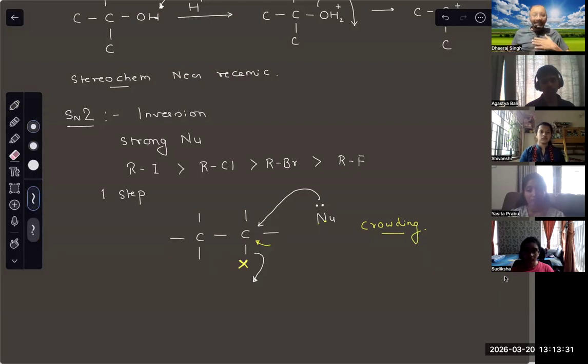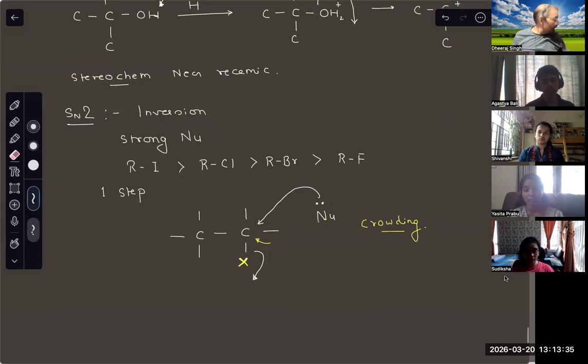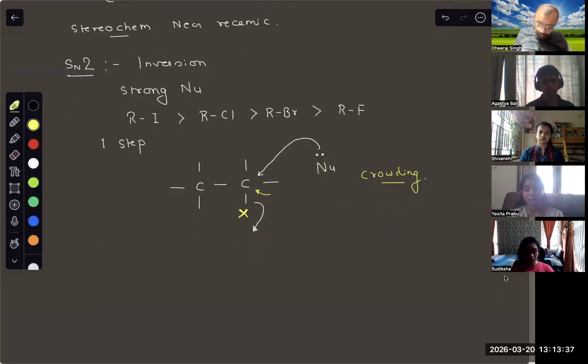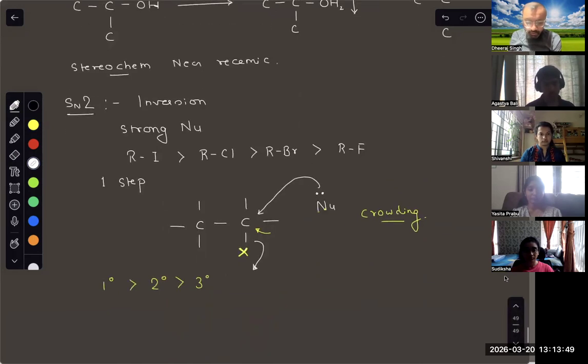So SN2 doesn't like crowding, and that is why 1 degree SN2 reaction is faster than 2 degree, faster than 3 degree. I hope you understand very clearly the difference between SN1 and SN2. There is no carbocation formed in SN2. There is no question of rearrangement. Nothing.